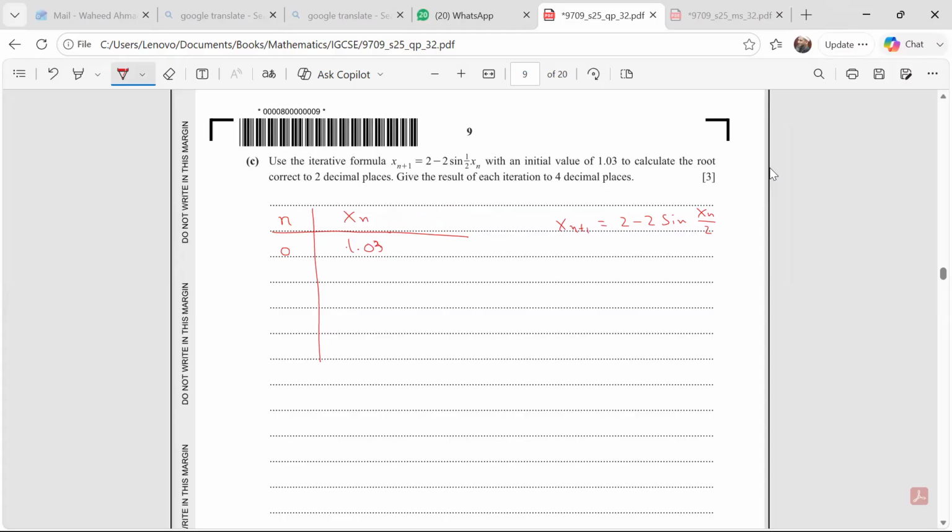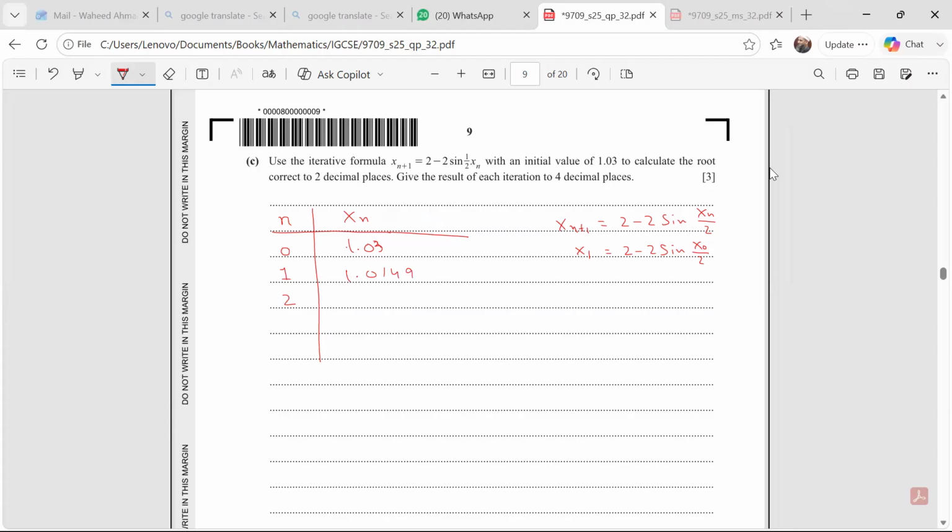Now the first value, when n is equal to 1, x1 is equal to 2 minus 2 sine of x0 over 2. When I substitute x0 and calculate the next iteration, it comes out to be 1.0149.